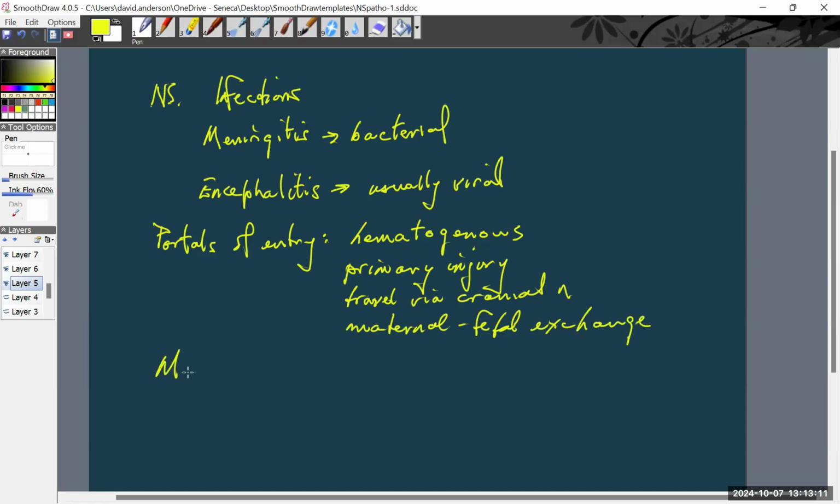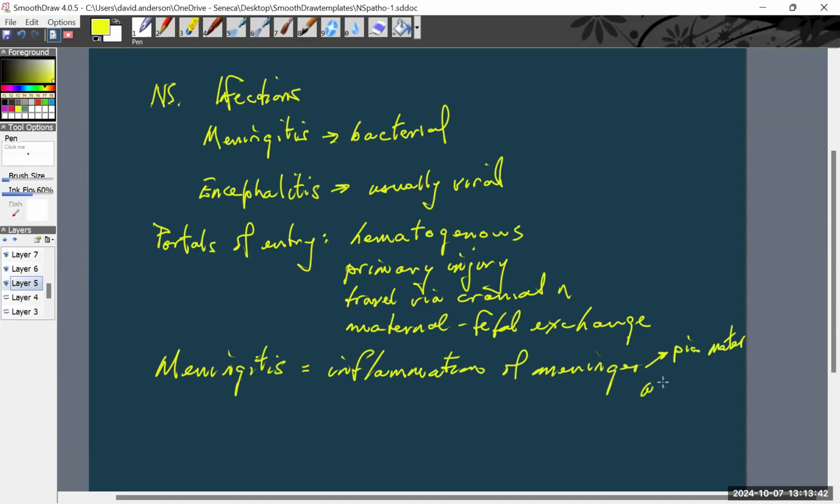In the case of meningitis, literally the inflammation of the meninges. And recall, when we're talking about the meninges, the innermost layer was the pia mater, the arachnoid, and the outermost dura mater.